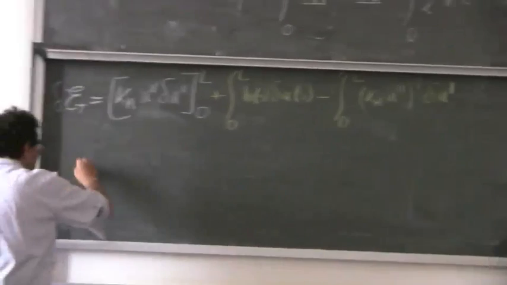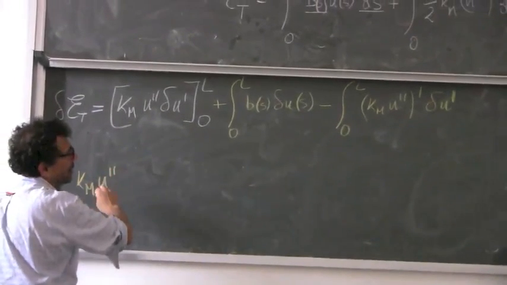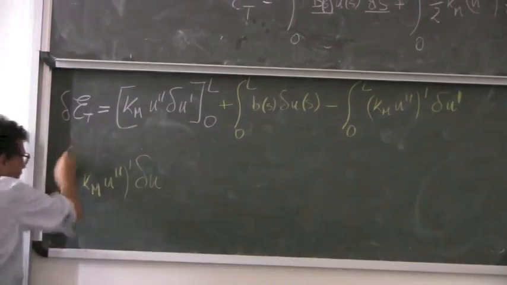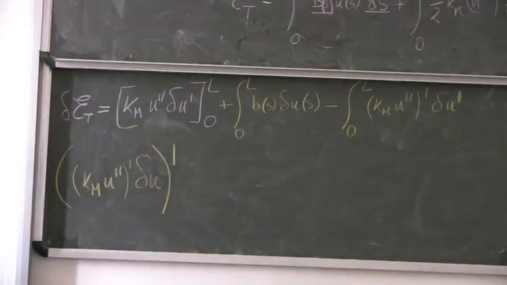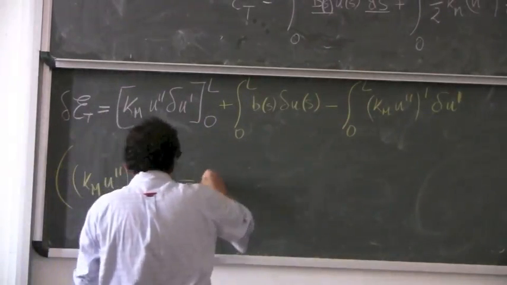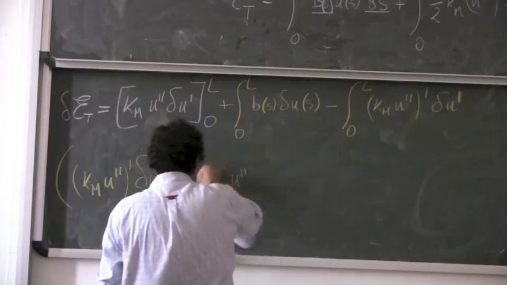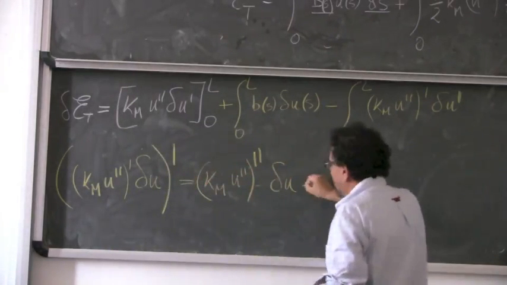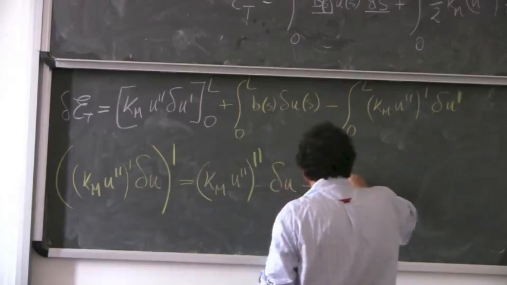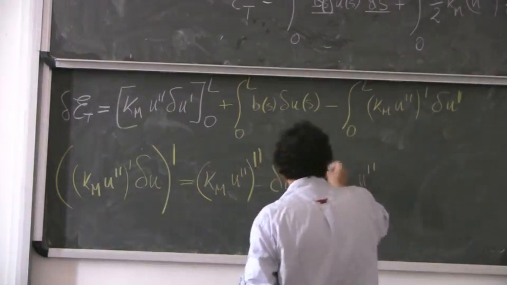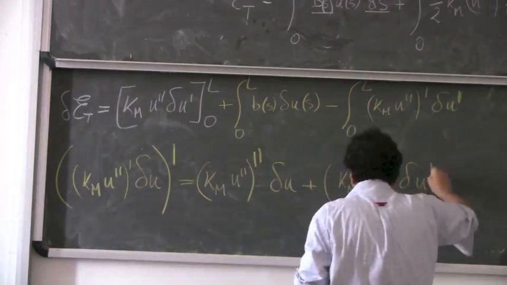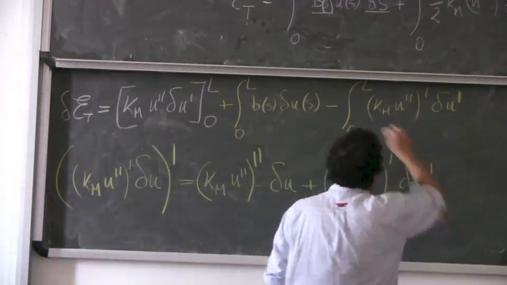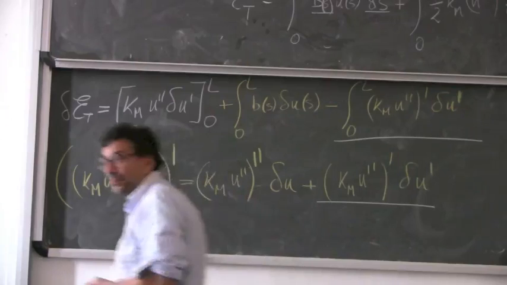So Km u second prime delta u prime is equal to Km u second delta u plus Km u second prime delta u. This is the value we have here. Okay?